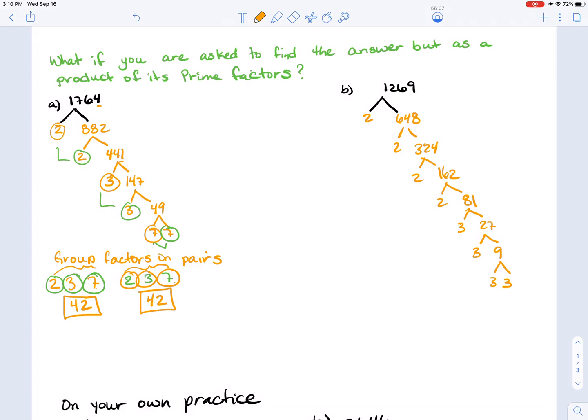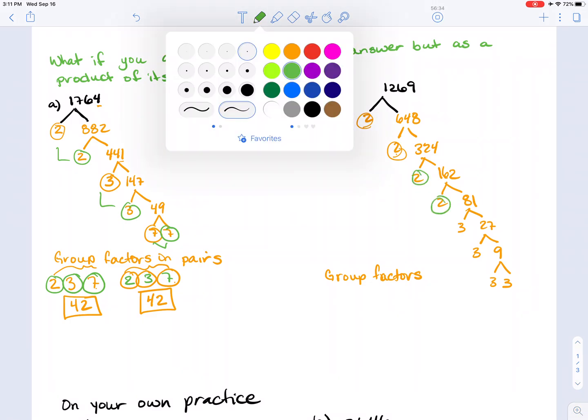So if I look at this, I want to break this up into groups again. Where are my groups of factors? I'm going to group my factors. So I have 1, 2, 3, and 4.